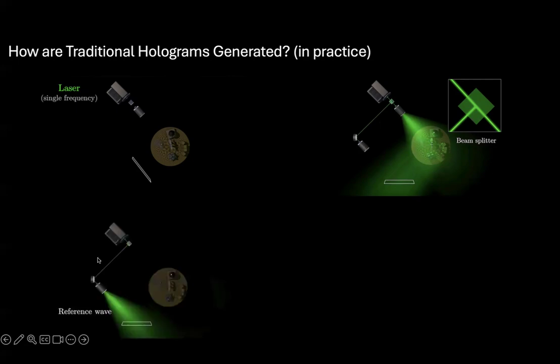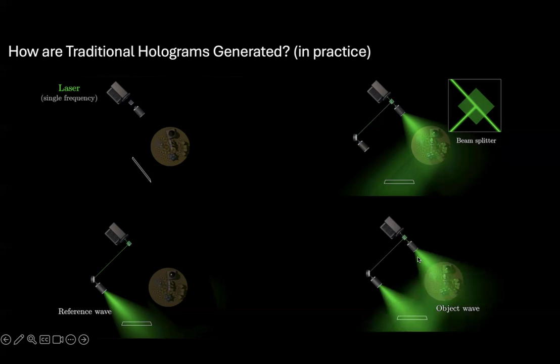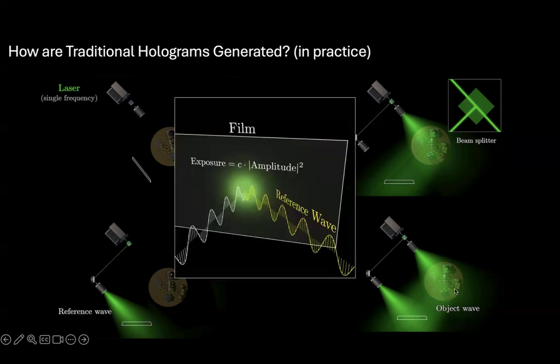The first route creates a reference beam that directly reaches the film. The film is here on the bottom. And the second beam will hit the object first and then reach the film. So the object wave is the wave that you record the light field of your object with.